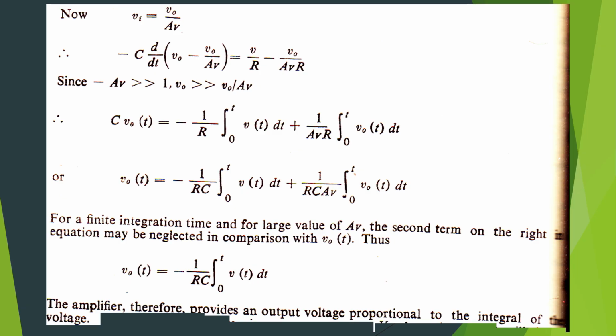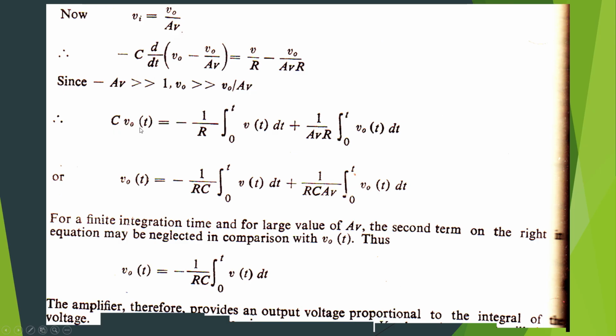Therefore, minus C d by dt of (V0 minus V0 by AV) equal to V by R minus V0 by AV R. Since AV is far greater than 1, V0 is also far greater than V0 by AV. So we get C dV0 equal to, so what we do is we integrate on both sides. After applying these simplifications, we integrate both sides of this equation.